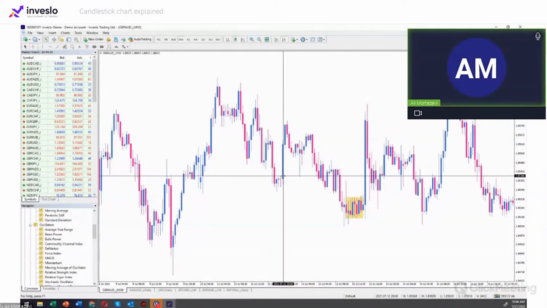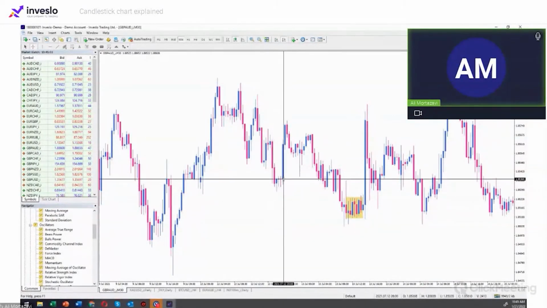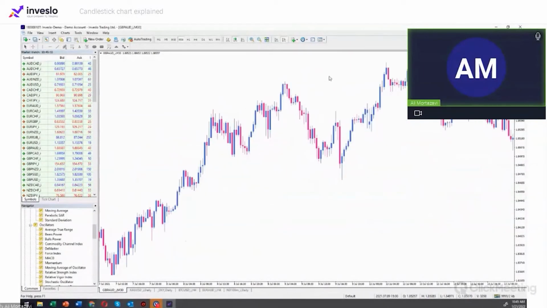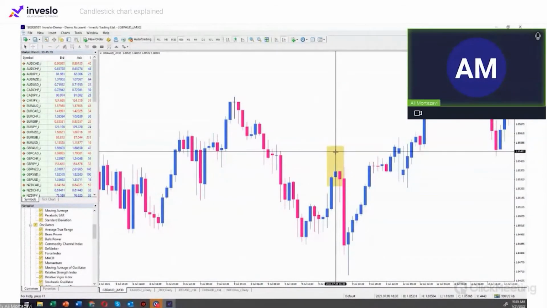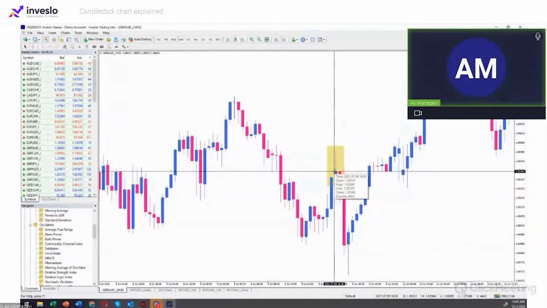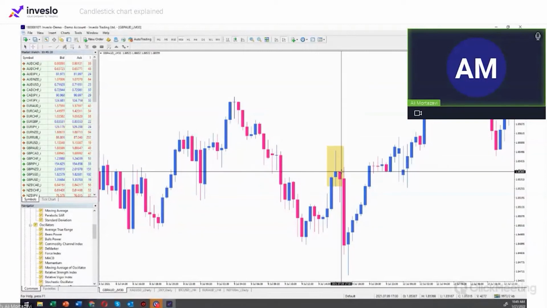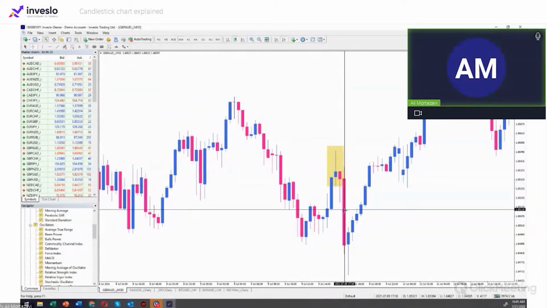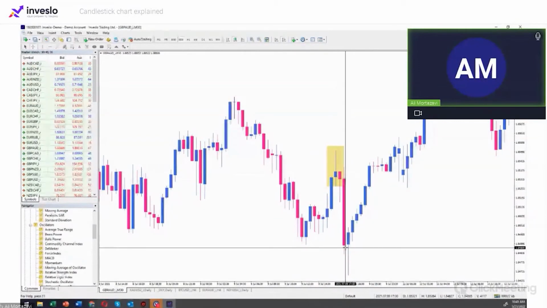Also, we have some things here after a bit of consolidation. You see the buyers push prices higher there. Or you can see here after this indecision candlestick that we discussed, this upper shadow reveals the exhaustion of buyers, and it reveals the rejection of higher prices from sellers, and then eventually they took control of the next coming sessions and pushed prices lower.